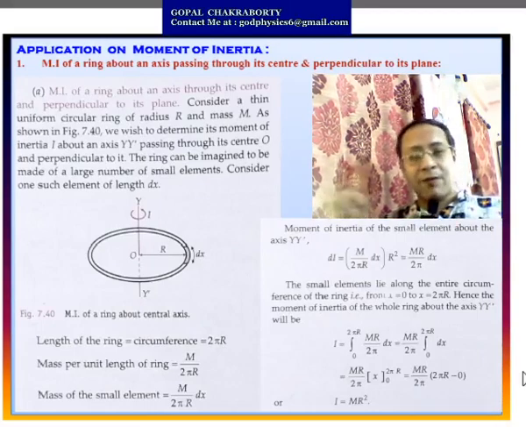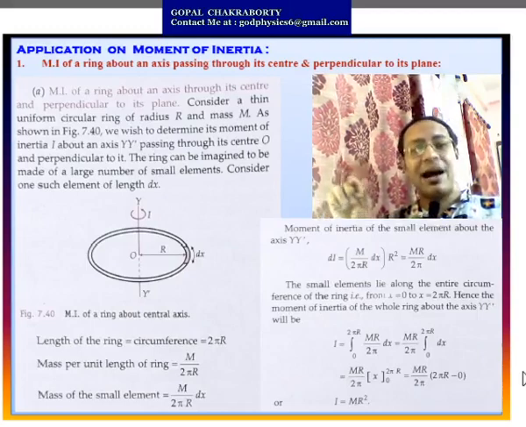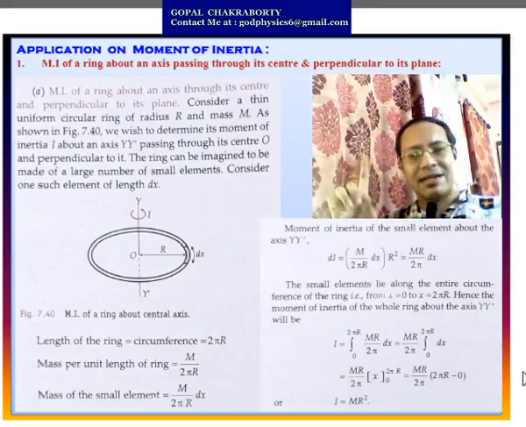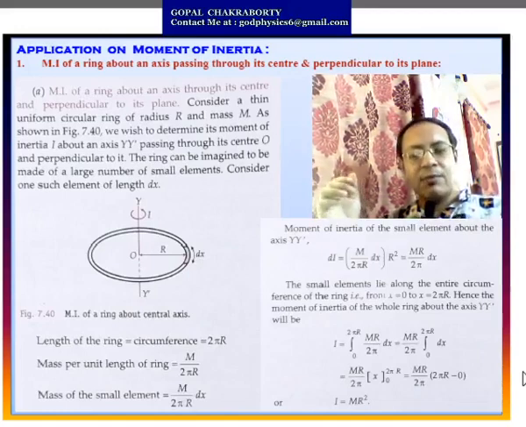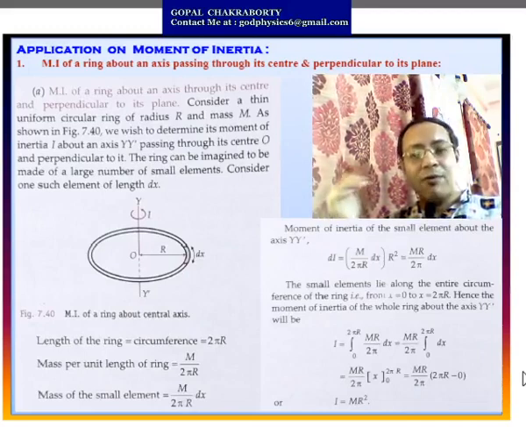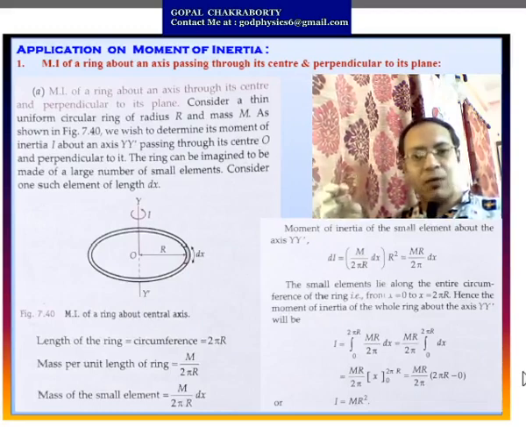For this ring, the radius r is the distance from the axis Y dash, and that is constant, so you only have to worry about how to find the mass of the small element.